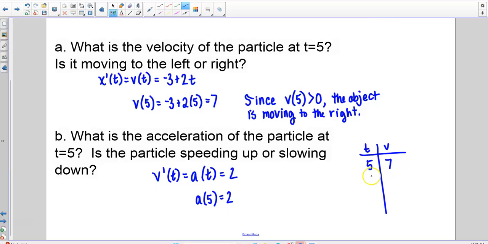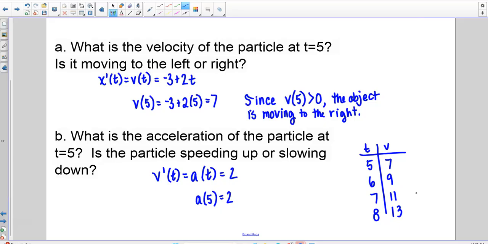So at 6, what's my velocity going to be? 9. And at 7, I'll get 11. And at 8, I'll get 13, right? So my velocity is positive, that means I'm moving in the right direction. And my acceleration is positive, so my velocity is getting higher and higher.